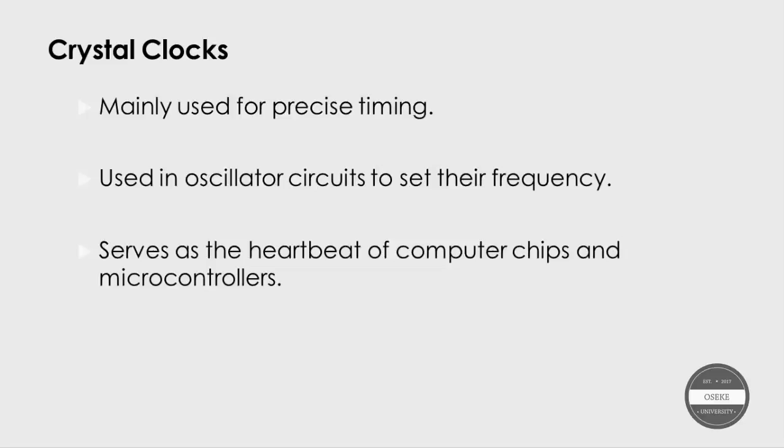So without the pulses from the clock, the computer will not be able to execute any code, it will just be in one place. If you want to try, whenever your computer is working or doing something, just remove the clock. It will stop there. It will not pass where it was when you removed the clock. They are also used as the heartbeat for microcontrollers, because microcontrollers are just computer chips with enhanced features.